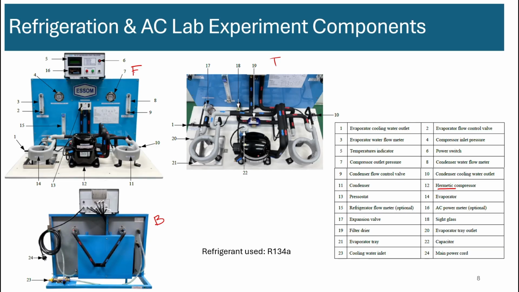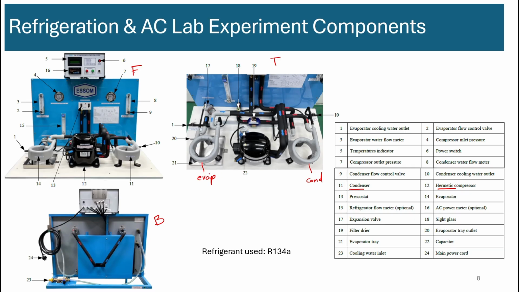The outlet of the compressor is connected to the condenser heat exchanger, which is number 11 here. And then the evaporator is number 14, which is on the left. So the right side is the condenser, and this is the evaporator heat exchanger.